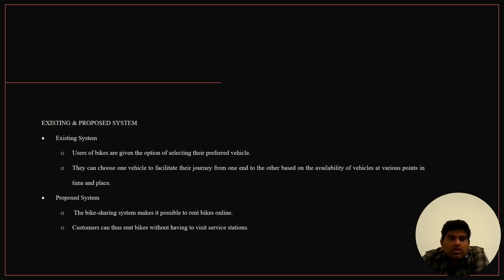Coming to the existing and proposed systems. In the existing system, users of bikes are given the option of selecting their preferred vehicles. They can also choose one vehicle to facilitate their journey from one end to the other, based on the availability of vehicles at various points in time and place.